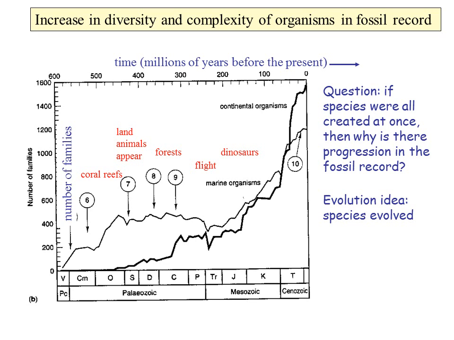What's interesting from the point of view of the development of the concept of evolution is that scientists, of course, first approached all this information thinking all the species were formed or created at once on Earth. And if that's the case, why is there this progression in the fossil record?